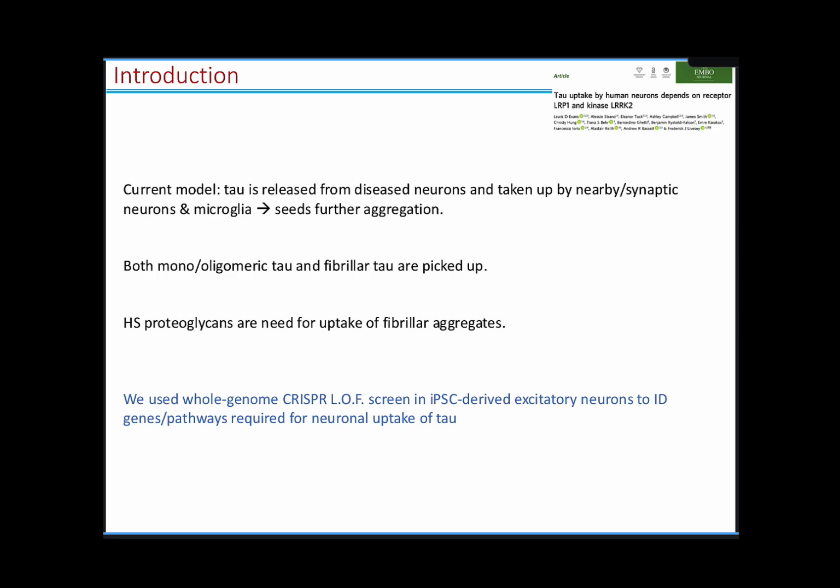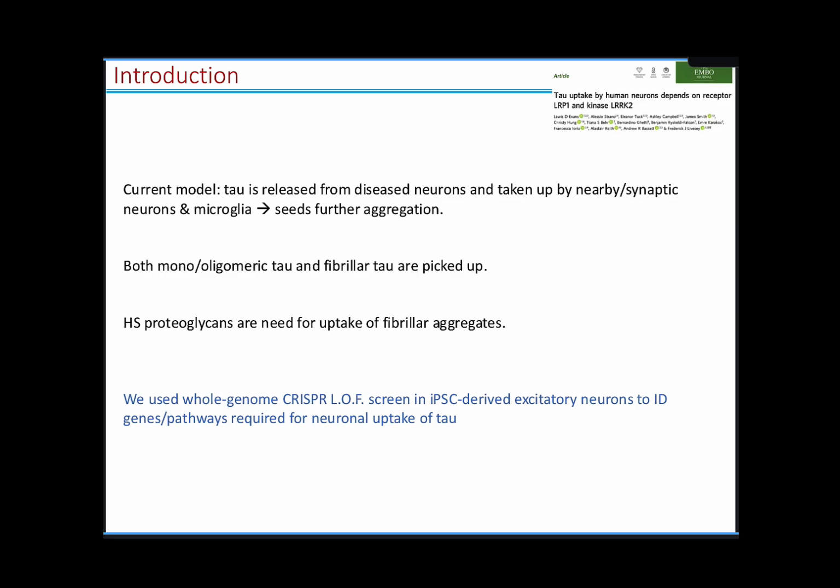And that's probably one of the strongest messages from this paper. What do we know about uptake of tau so far? Well, what we know is that heparan sulfate proteoglycans are needed for uptake of fibrillar aggregates. And the other thing that we know is that LRP1 has been observed as a receptor that can facilitate endocytosis of monomeric tau.